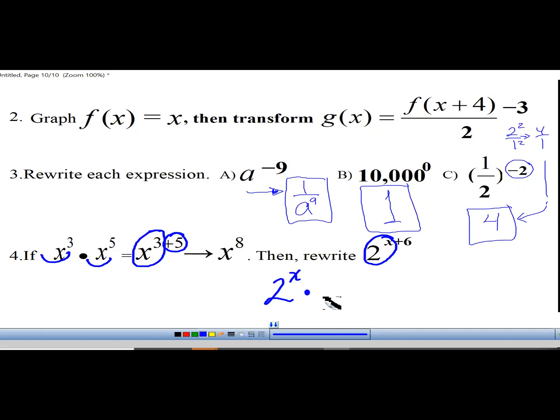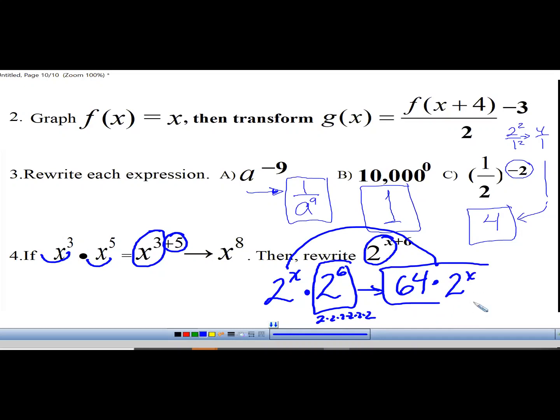So what would you write here, Alyssa, for the second part? 2 to the 6th. Yes, 2 to the 6th. Okay. So from there, guys, we can simplify 2 to the 6th, which is 2 times 2 times 2 times 2 times 2 times 2, which is 64, times, we bring this over, 2 to the x. So for right now, we'll leave it at that.